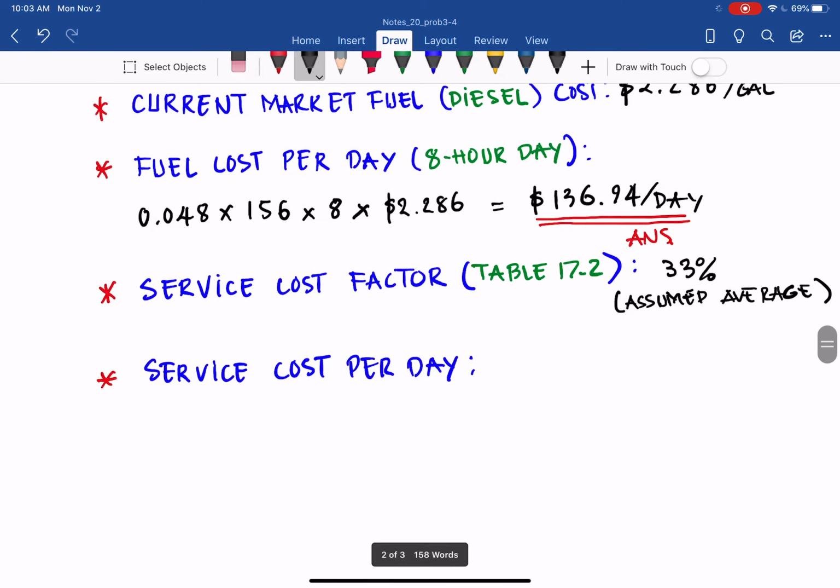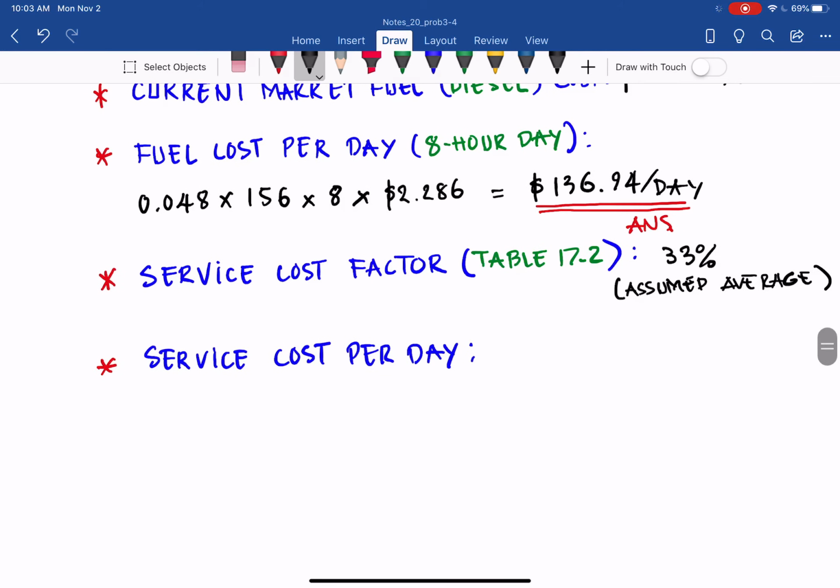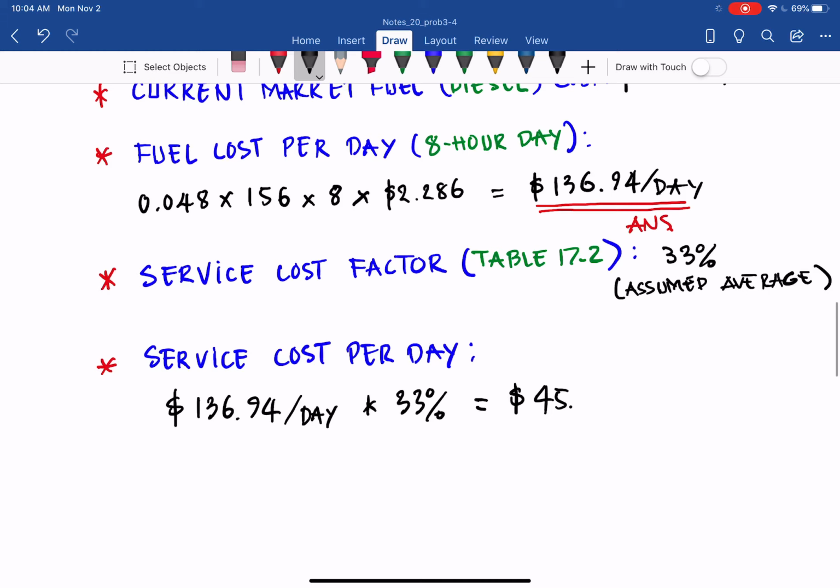Then we can find the service cost per day. It equals the fuel cost of $136.94 per day times 33%. Then we have the service cost, which in this case equals $45.12 per day.